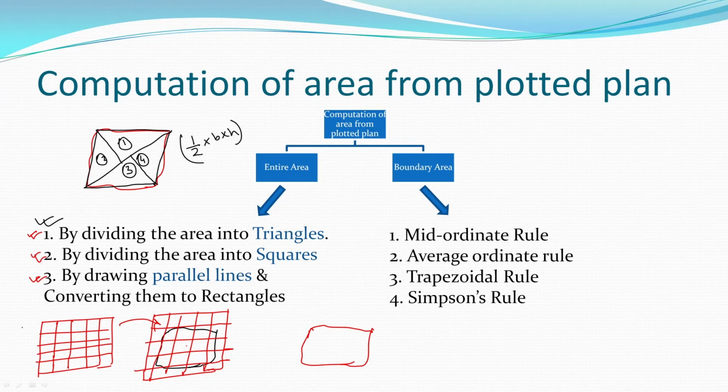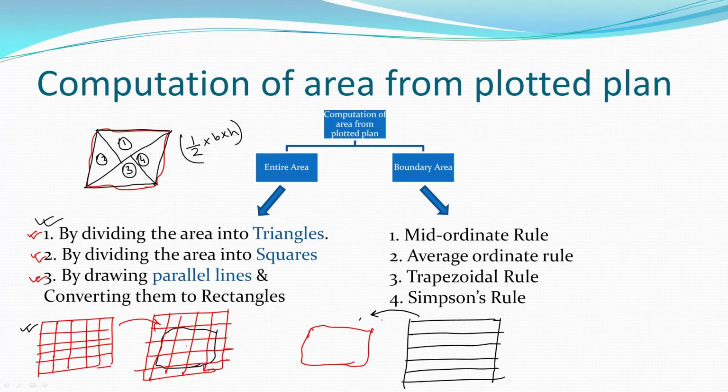Likewise, as we made squares over here, on the tracing paper we need to make some parallel lines at equal distances. Then the tracing paper is placed over the plan in such a way that the area is enclosed between the two parallel lines at the top and bottom.